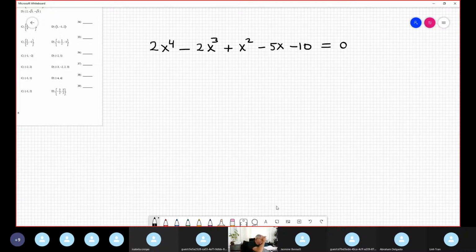Okay, so immediately I open this one because by hand is crazy. I detect we have 2 real zeros.